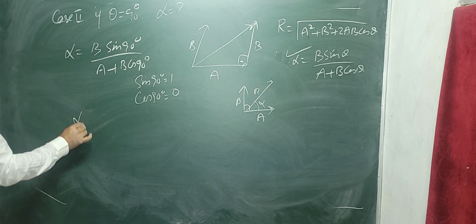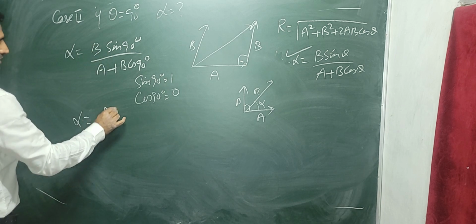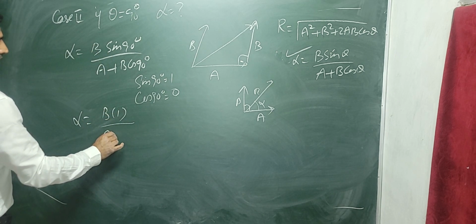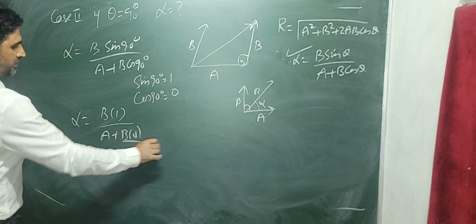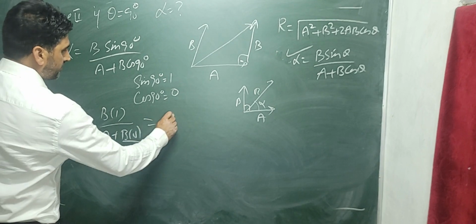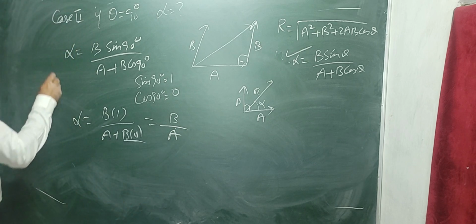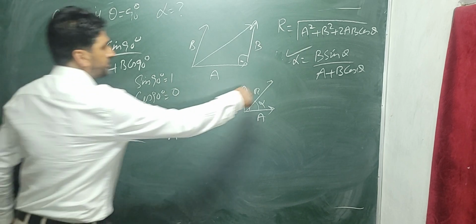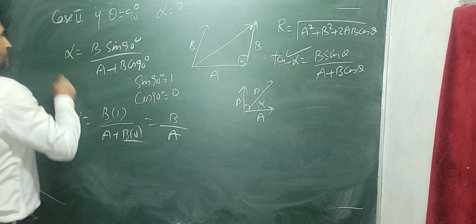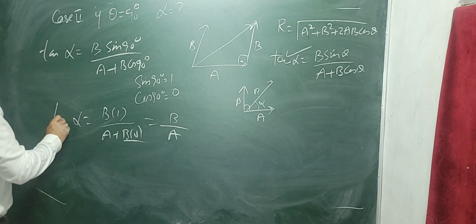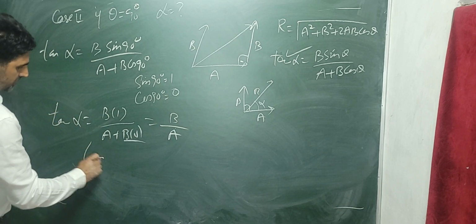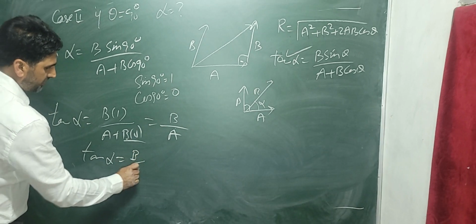When you substitute, tan alpha comes out to be B into 1 divided by A plus B into 0. This part becomes 0. You get B divided by A. So tan alpha will be equal to B by A.